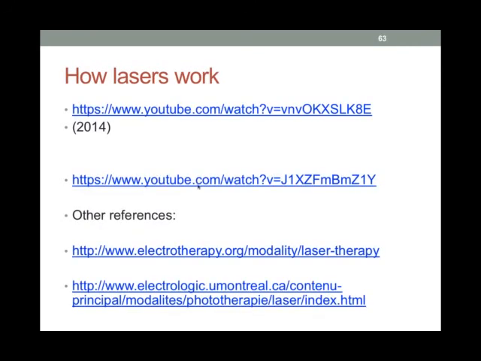Okay. If you do want to see other references, they're all here. Again, electrotherapy.org has some great literature there. Electrologique is from Université de Montréal. These are all just ways to see the same information presented a little bit differently. If you have any trouble understanding, sometimes they're really good things to go to.